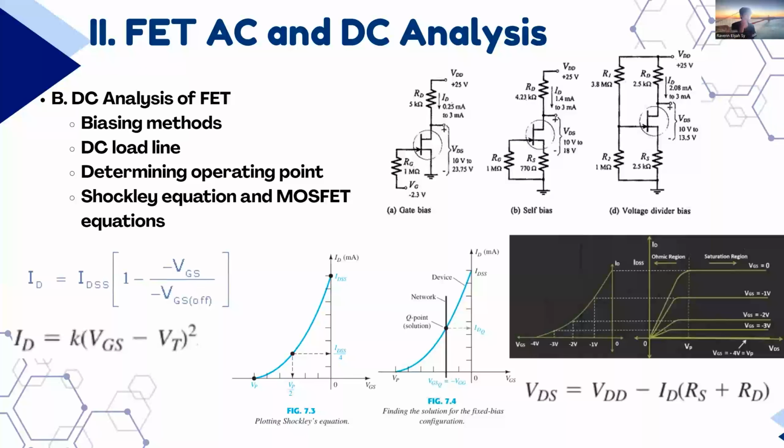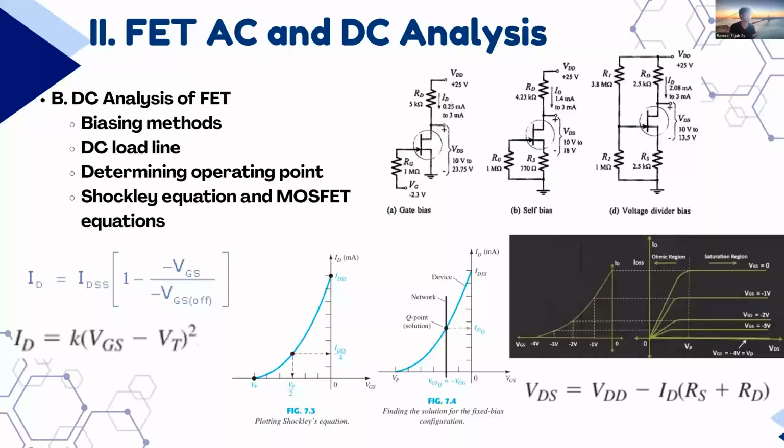For enhancement type MOSFETs, which require a channel to be induced, we use the MOSFET square law equation. ID is equal to K times (VGS minus VT) quantity squared, where K is the conduction parameter and VT, or VTH, is the threshold voltage.